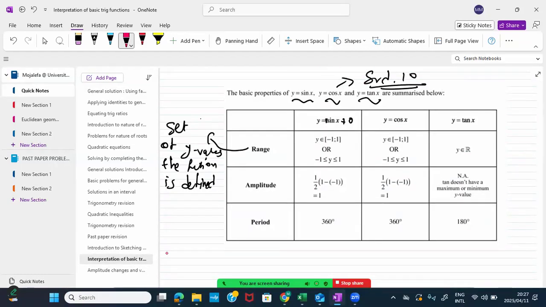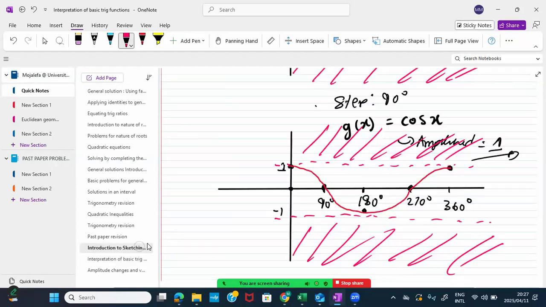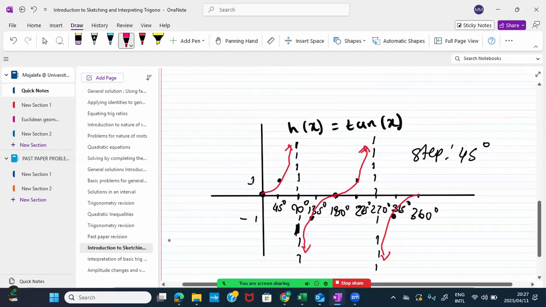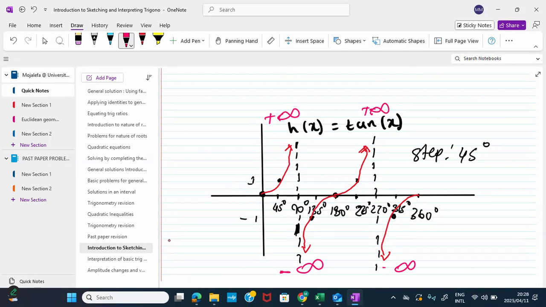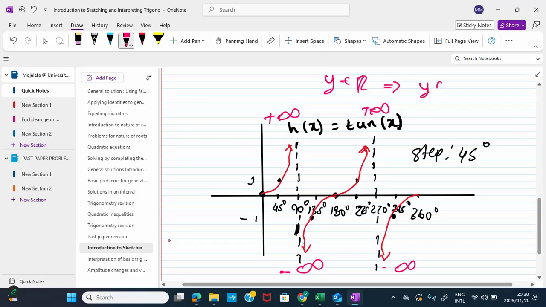For tan x, it doesn't have a specific range. Its y is an element of real numbers. Why? Because it can go up to positive infinity and down to negative infinity. Even here, it's going up to positive infinity, and this side is going to negative infinity. Do you understand why we say its range is an element of real numbers? Remember, y is an element of real numbers is the same as saying y is an element of negative infinity to infinity.